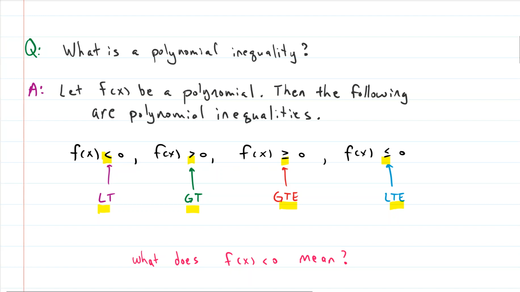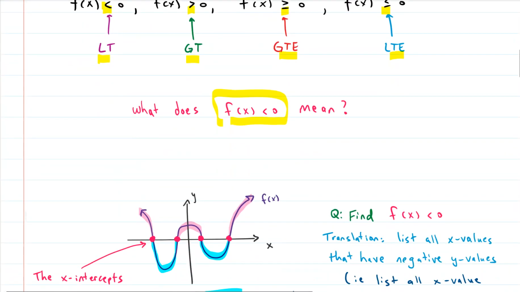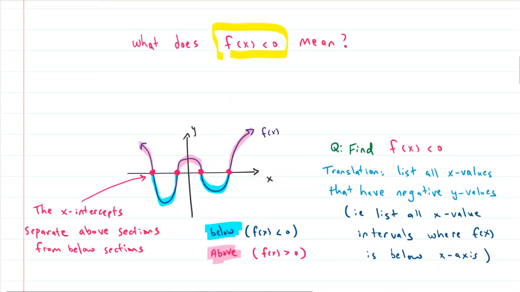But you might be asking yourself, what does some polynomial less than zero actually mean? So let's discuss that. What does it mean to have f of x, for example, less than 0?